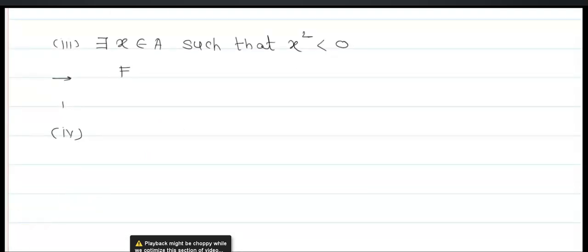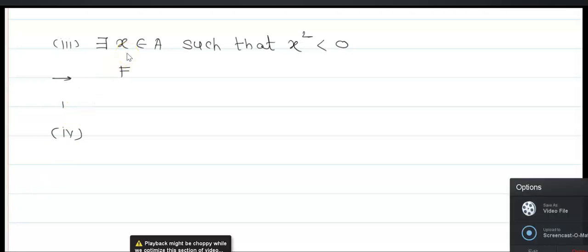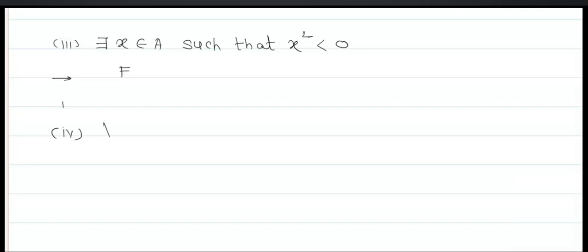There is no element in A whose square is less than zero. Is there such an element? No. Therefore its truth value is false.